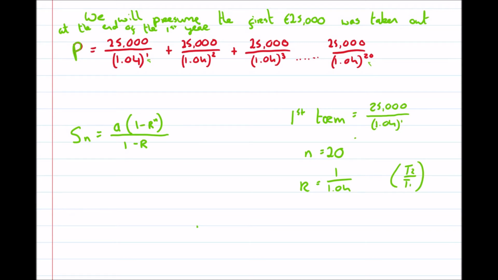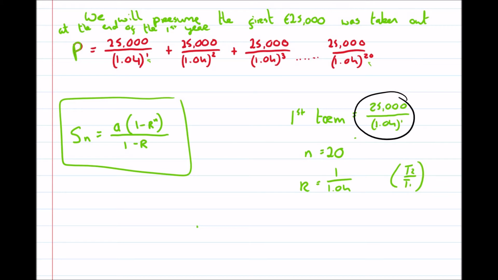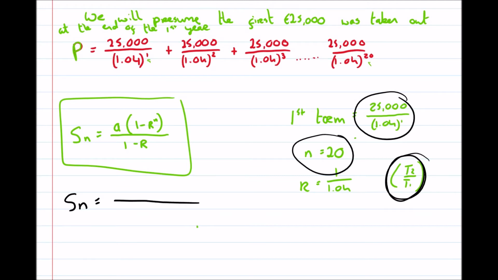Anyway, here's our formula for the sum of the geometric series. Our first term is this. N is the number of years, it's 20, and the common ratio is 1 over 1.04. And where I got that is T2 over T1. We fill this into our Sn formula then. So Sn equals 25,000 over 1.04, that's our first term.